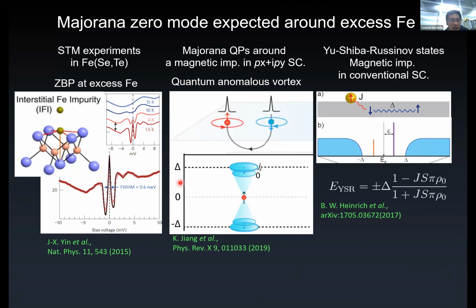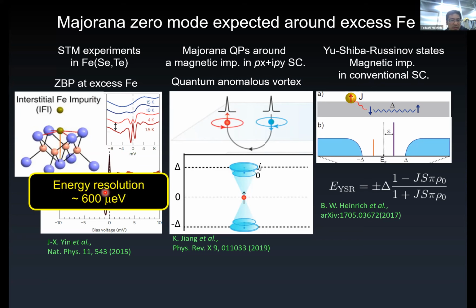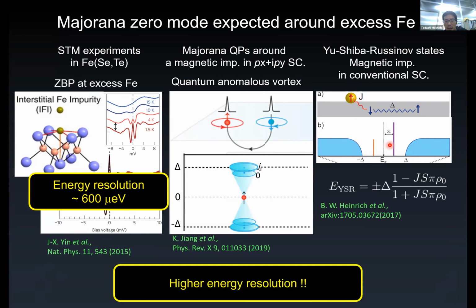However, the energy resolution in the first STM experiments was about 600 microelectron volts. It's not enough to distinguish between the Majorana zero mode and the Yu-Shiba-Rusinov states. So we need a much better energy resolution, and then we investigated the electronic states around the excess iron impurities.